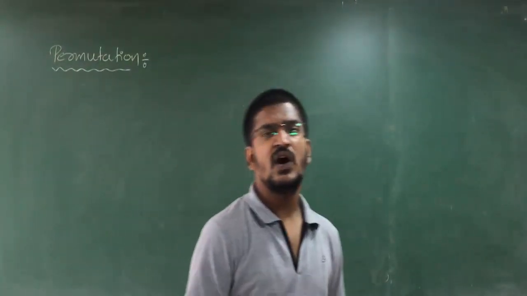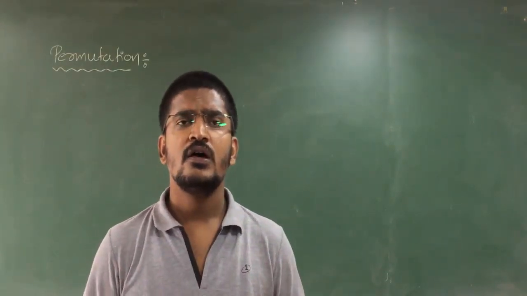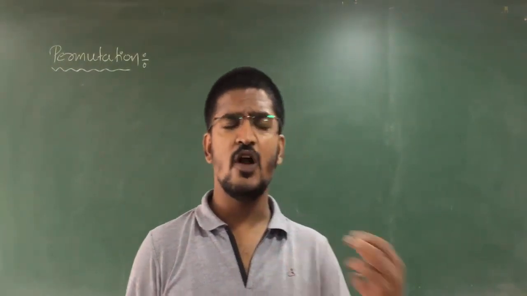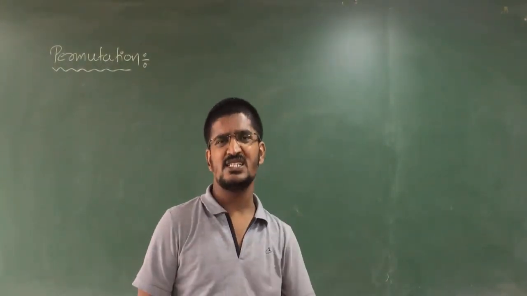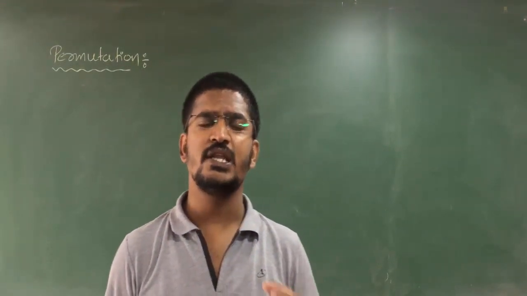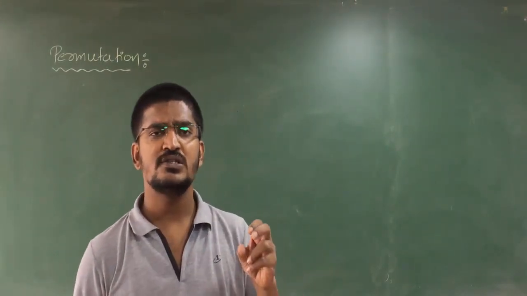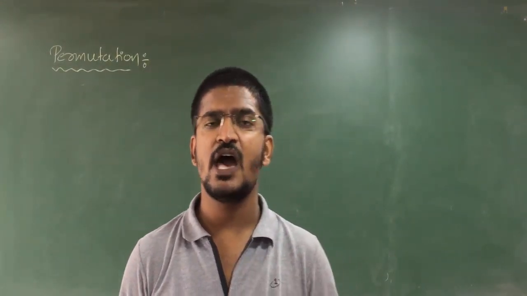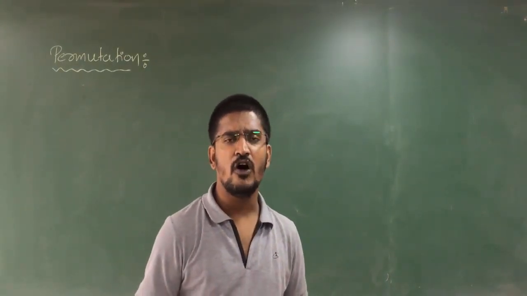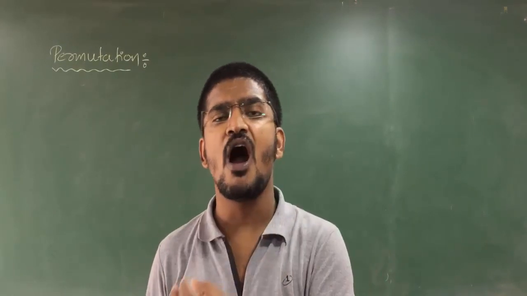Okay, students. Now let us go for permutation. Clear? If I want to explain permutation to you, you must understand the concept. For understanding the concept of permutation, I will give a simple example. I will give you some number of objects and I will tell you to take out R elements.